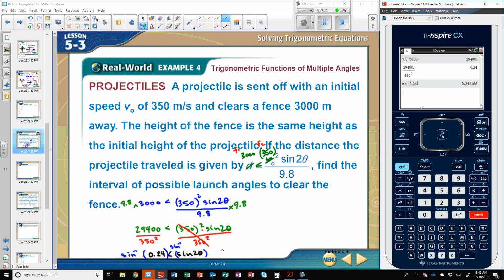So now I come up here with this: 0.242366 is less than 2 theta. And we divide this by 2.